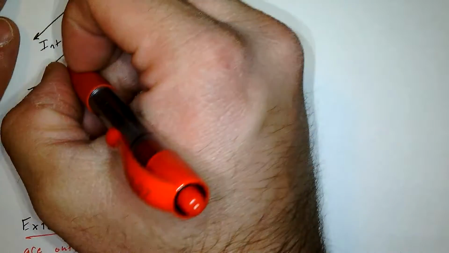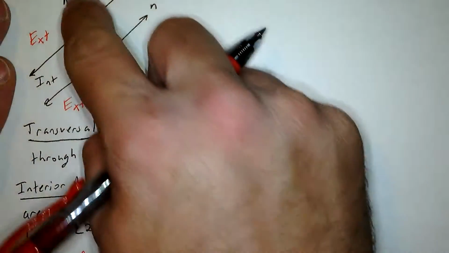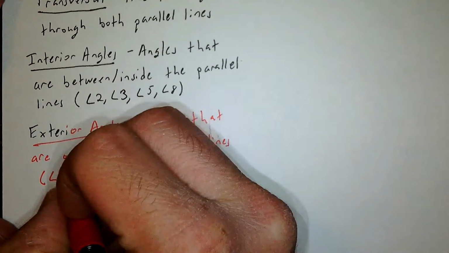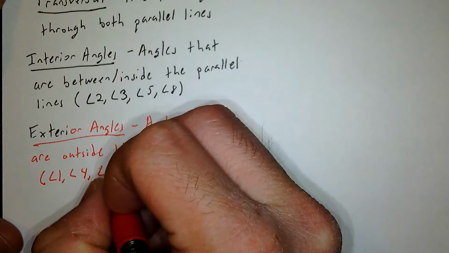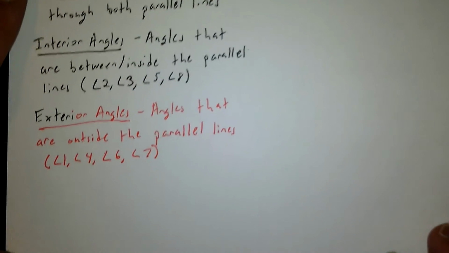So in this case, these would be exterior, and these would be exterior. So angle 1, 4, 7, and 6 are all considered exterior angles.